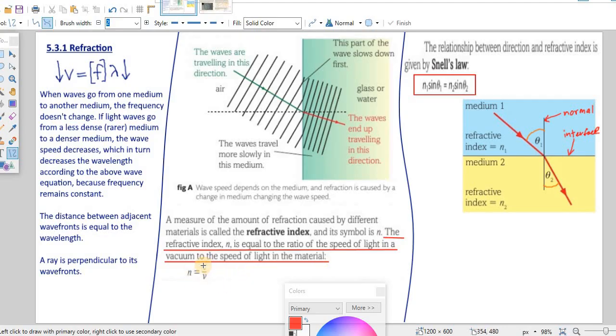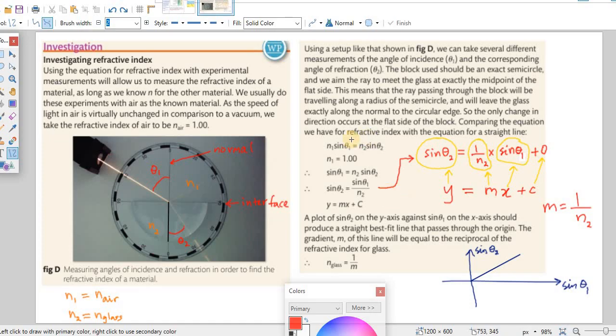The speed of light in vacuum is approximately equal to the speed of light in air, because in this case the medium is air. So the speed of light in vacuum divided by the speed of light in air is almost the same, therefore it will be approximately equal to 1. So that's why we get 1.00 here.